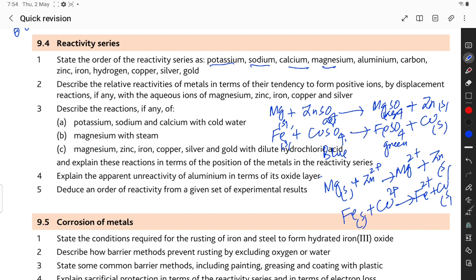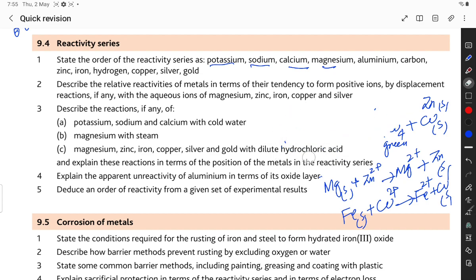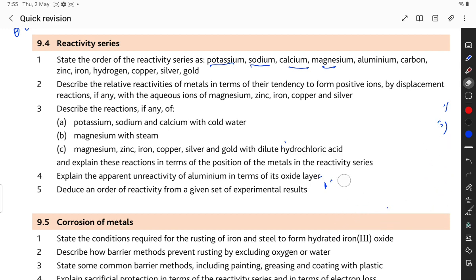Describe the reaction, if any, of potassium, sodium and calcium with cold water. These are very important reactions. You should learn these reactions by heart. Potassium reacts with water to form potassium hydroxide plus H2, 2K plus 2H2O.